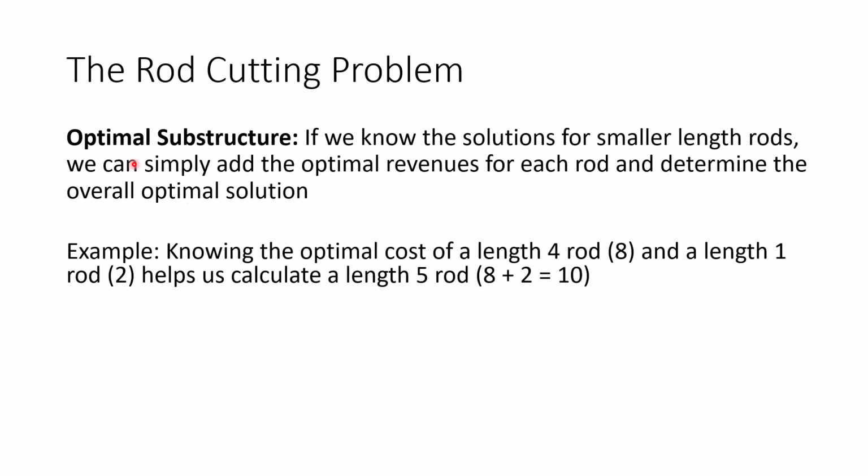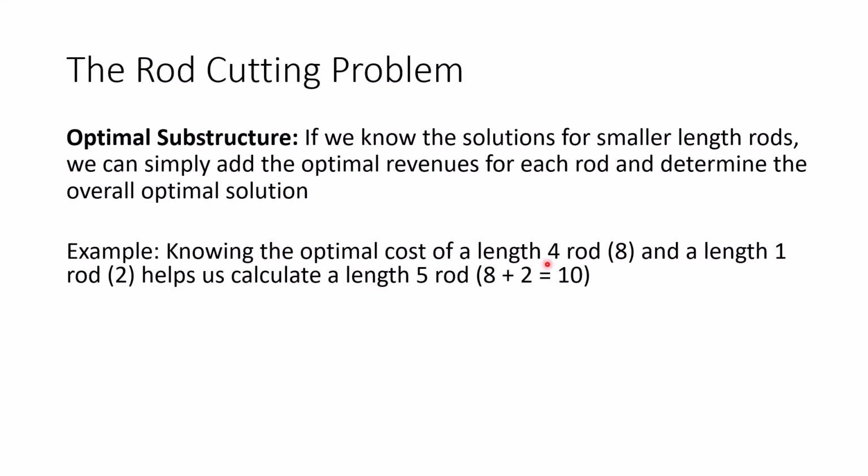The first thing to realize, whenever we're considering different methods for our algorithms, is to note that there is some optimal substructure in the rod cutting problem. Because if we know the solutions for smaller length rods, you can simply use those solutions to determine the solution to a bigger problem.